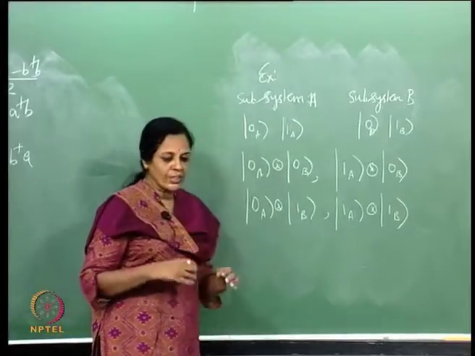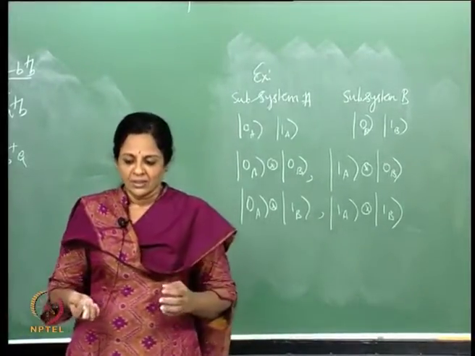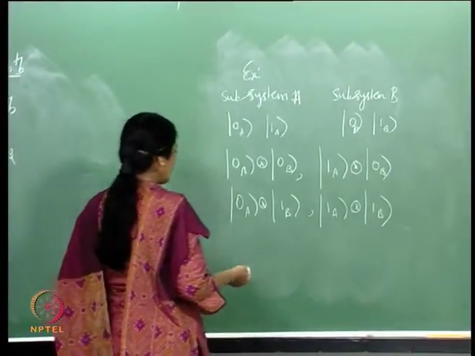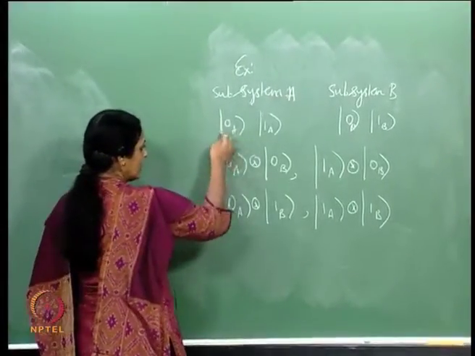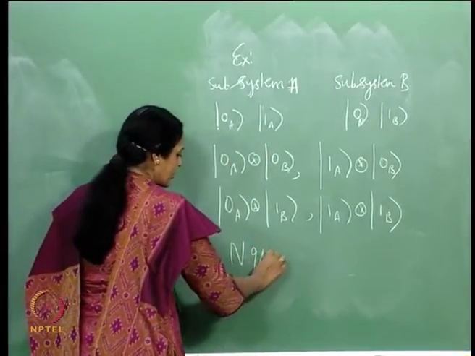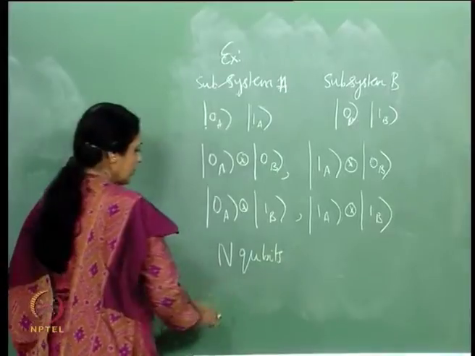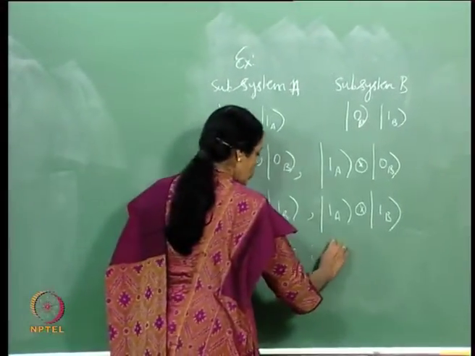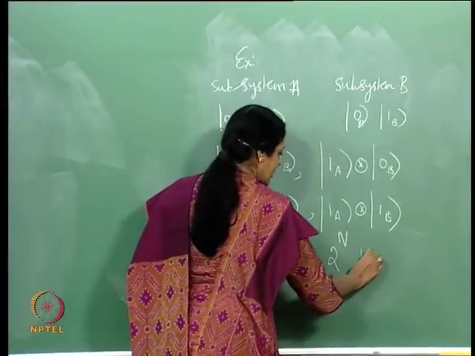Now if I just look at qubits, each qubit is like a spin doublet. There are 2 states as in this example, and if I put a collection of n qubits, the composite system of the n qubits has 2 to the n basis states.